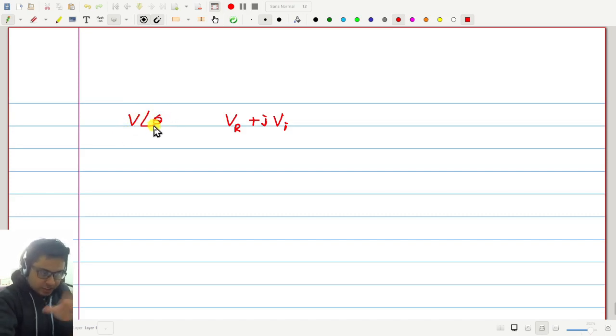When we turn the knob of the phase shifter, we basically change the angle. Today we will see another type of potentiometer, which we call the coordinate potentiometer, where we can change the real part and imaginary part of a complex voltage independently. So let us see that.